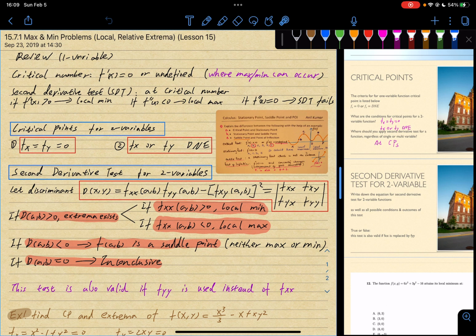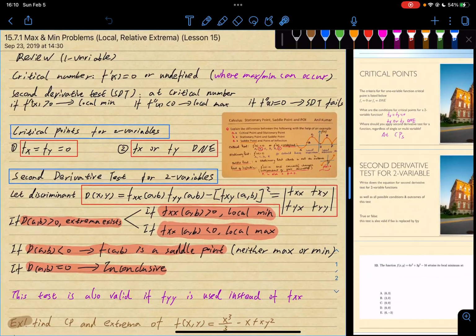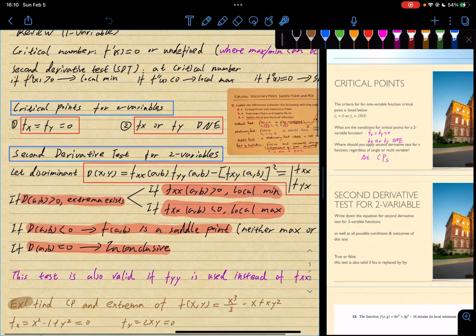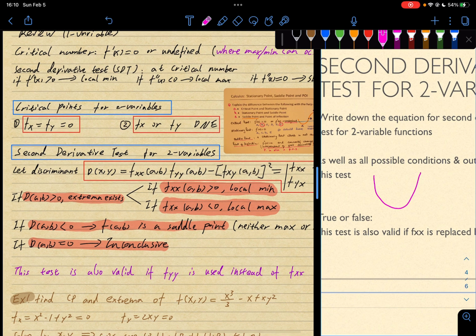So the one thing that helps me memorize this second derivative test is using the idea of curvature. How am I going to do that? So when we're learning about curvature, this is a local minima. It's concave up. So concave up means the second derivative is greater than 0. So it's the same idea right here.